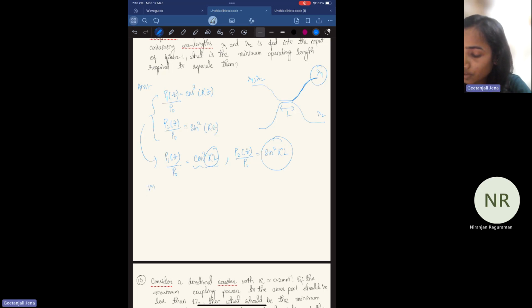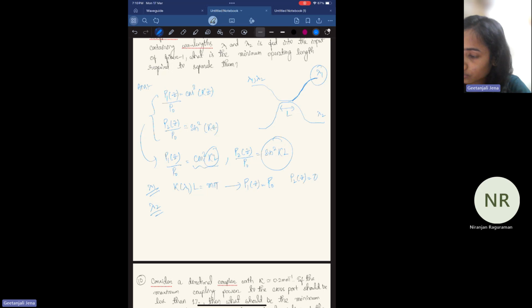So for lambda 1, if I take kappa lambda 1 L is m pi, then we have P1Z is P0 and P2Z is 0.